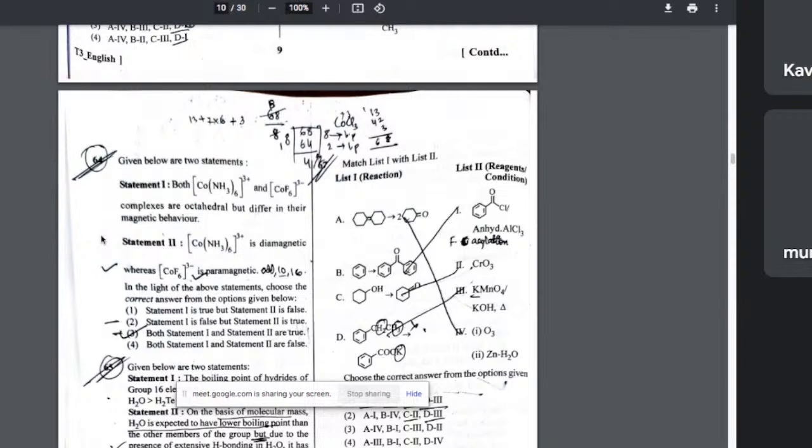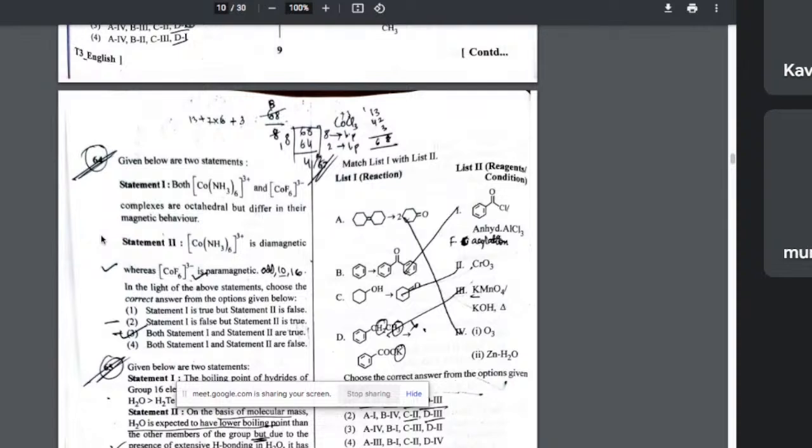We have to check. First we will check whether statement first is correct or not. So for [Co(NH3)6], if we write the electronic configuration of Co, atomic number is 27, so 4s2 3d7. In the [Co(NH3)6]3+ complex, its oxidation state is 3 plus, means it lost 2 electrons from s and 1 electron from d, means it now has 6 electrons in d, 1, 2, 3, 4, 5, 6.